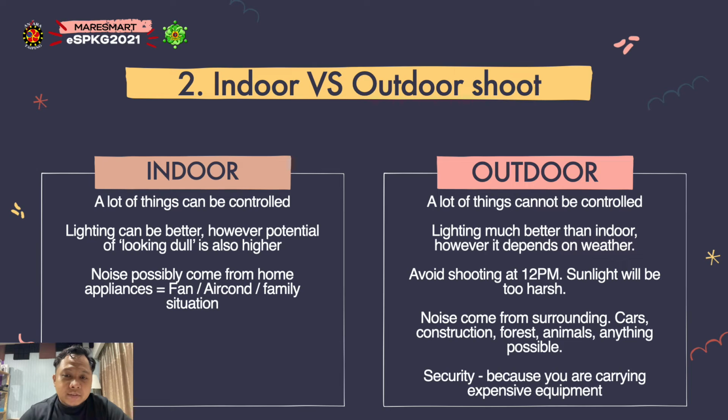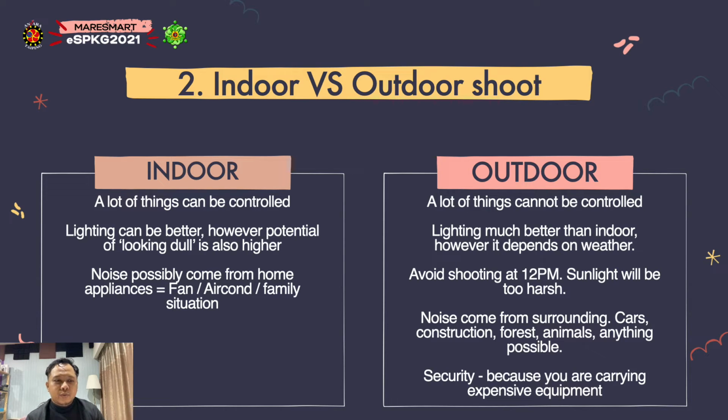Next, knowing the difference between indoor and outdoor shots. This is indoor. I'm in the office, this is my studio, and a lot of things can be controlled. I have the lighting, but I didn't switch it on today. Lighting can be better, but sometimes you need to do color mastering and color grading, which is very advanced.